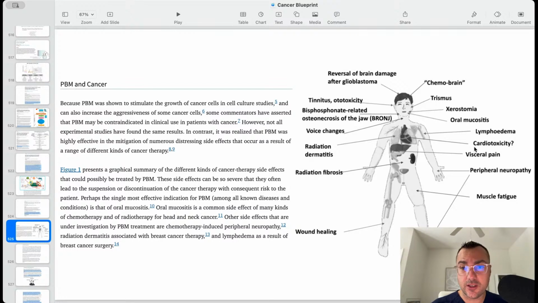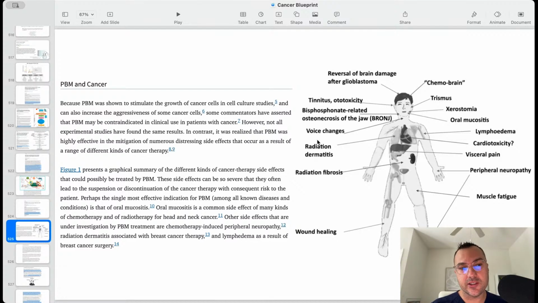Some chemotherapeutics, like doxorubicin and daunorubicin, have cardiac toxicity, so maybe there's a need for photobiomodulation and regeneration after using that. Peripheral neuropathy is big. Wound healing, radiation fibrosis, and any other toxicities associated with chemotherapy or treatment-related side effects of radiation as well.